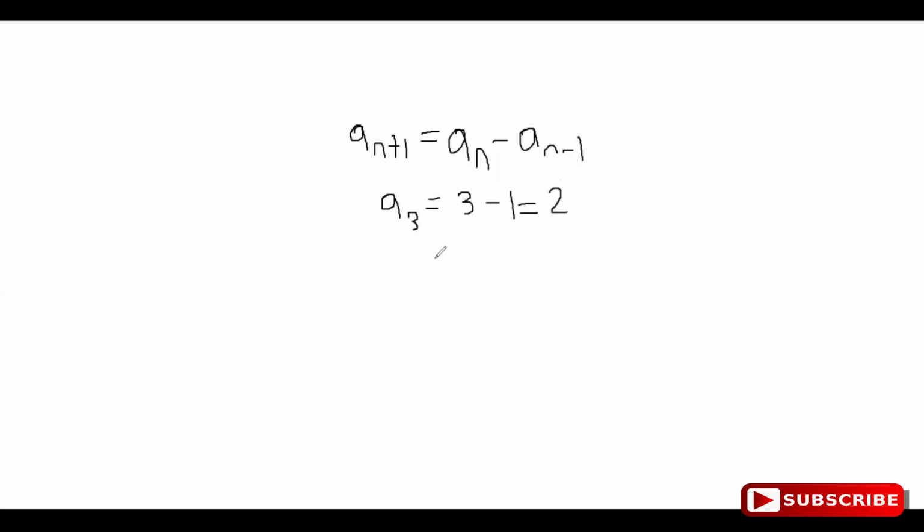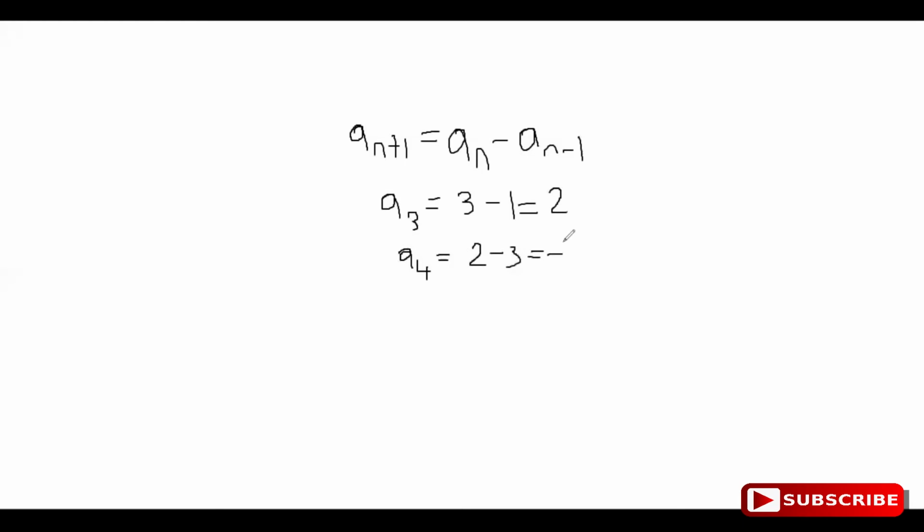So if a3 is 2, what is a4? a4 is going to be a3 minus a2, which is 2 minus 3, which is negative 1.